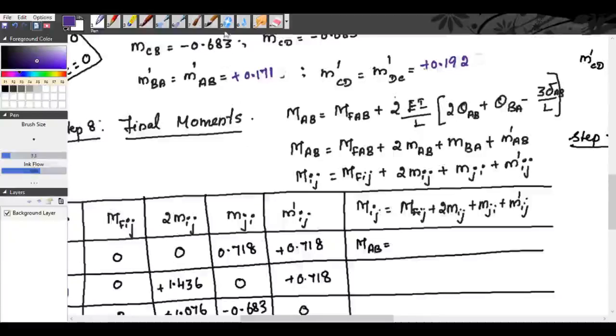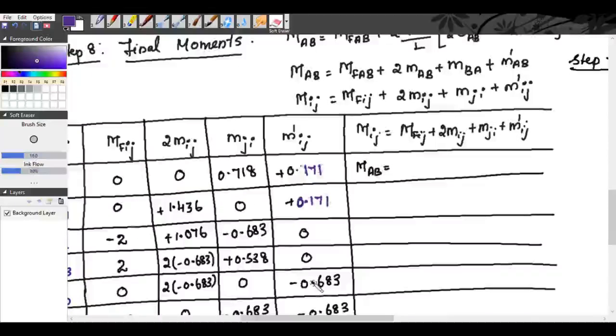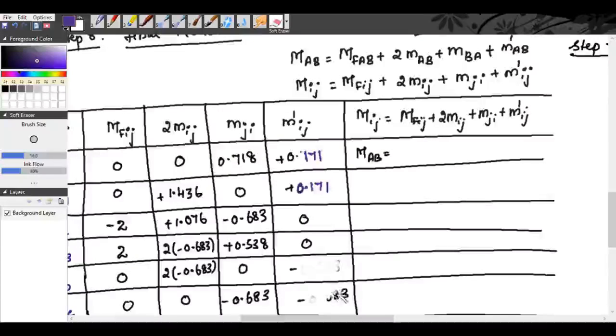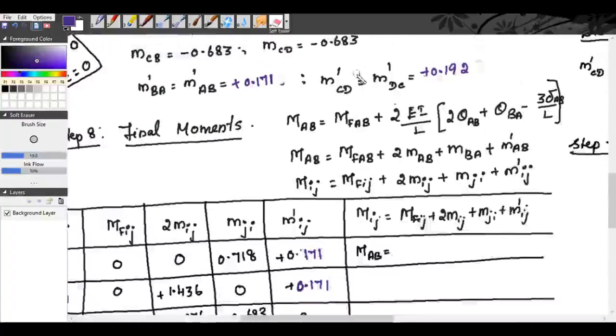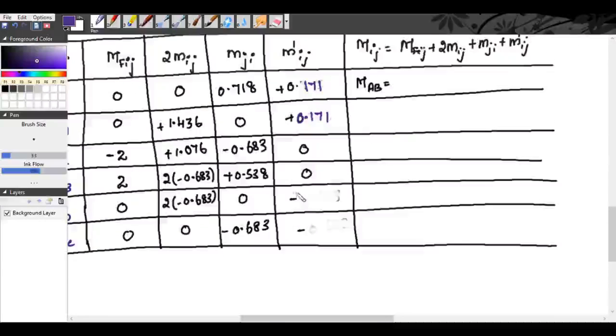So it is plus 0.171, 0.171. Here the values are plus 0.192, plus 0.192, plus 0.192.